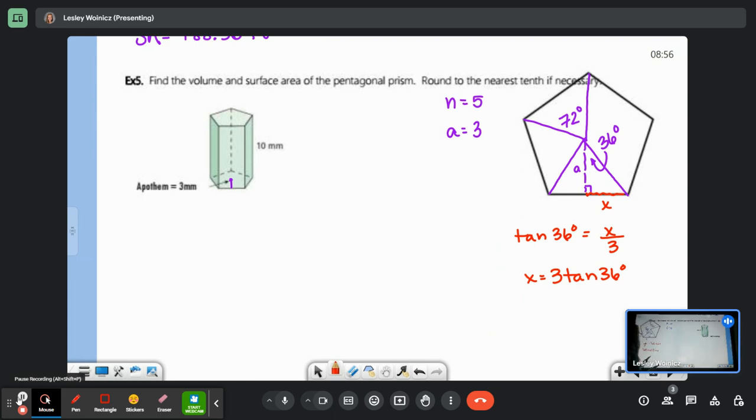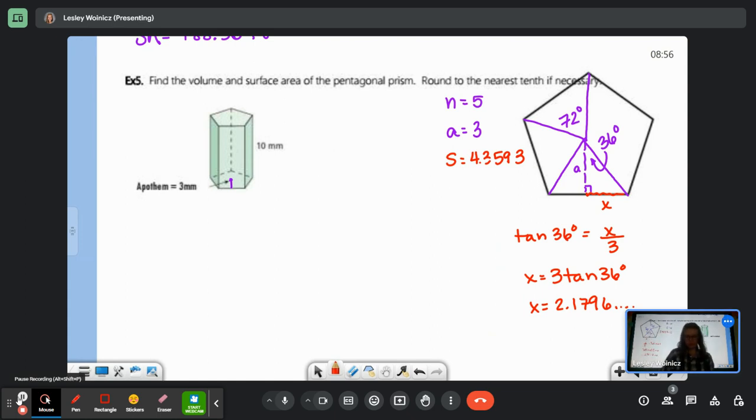Okay, I'm getting x is 2.1796, yada, yada, yada. Can we just double that to get the side length? Okay. All right, so my side is 4.3593. Does that look right?